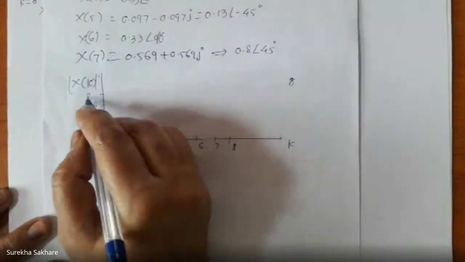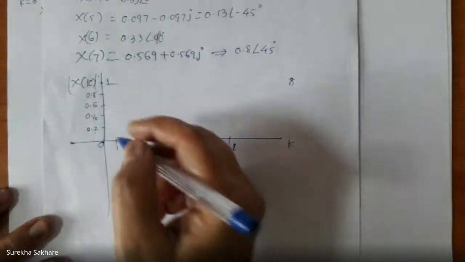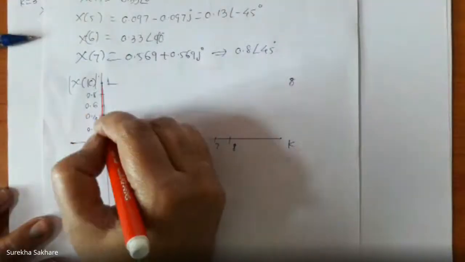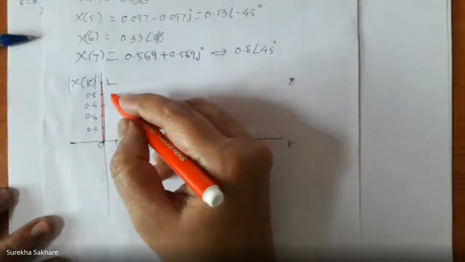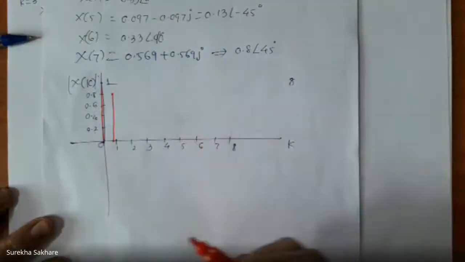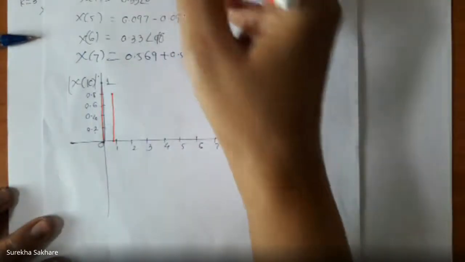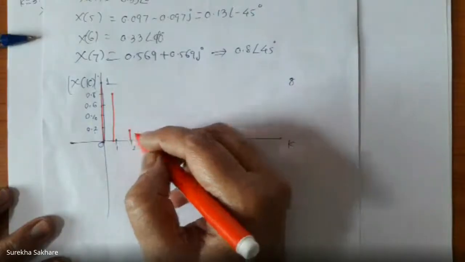So when I'm having x0, the first point is 0.8. I will collect only the magnitude part like this. x2 is 0.33, x3 is 0.13.